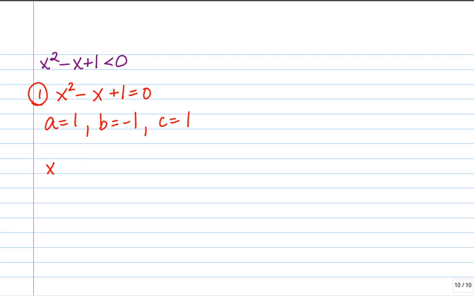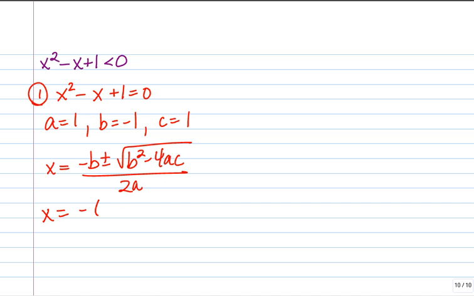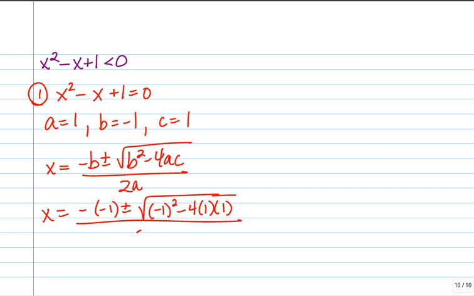So when we plug into the quadratic formula, we would have the opposite of negative 1 plus or minus the square root of negative 1 squared minus 4 times 1 times 1 all over 2 times 1. So the opposite of negative 1 is 1.